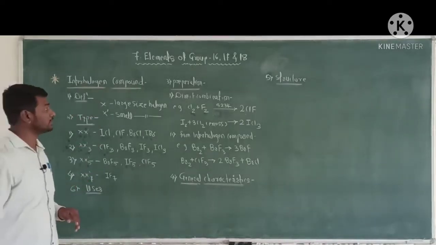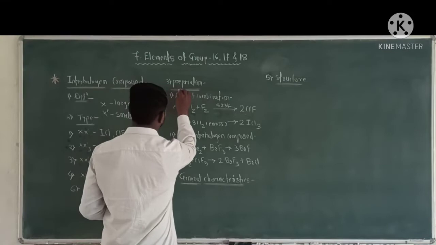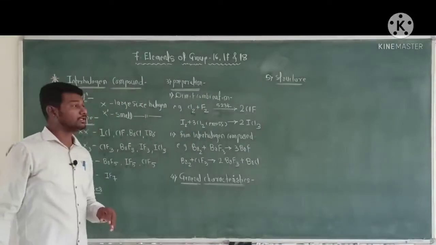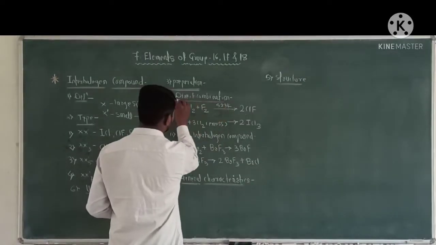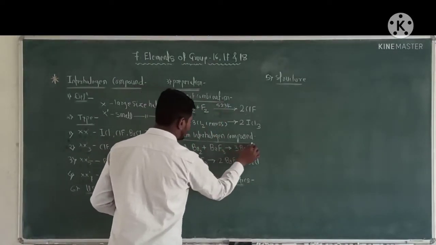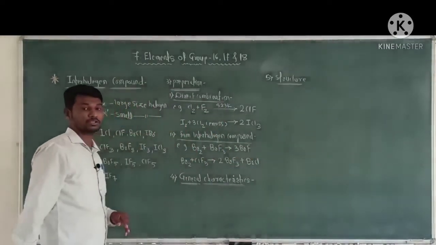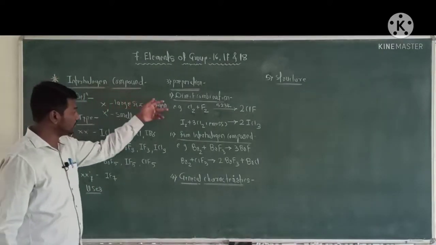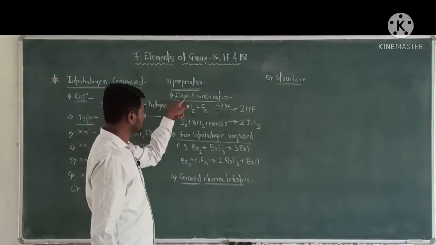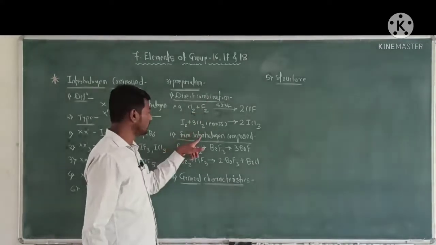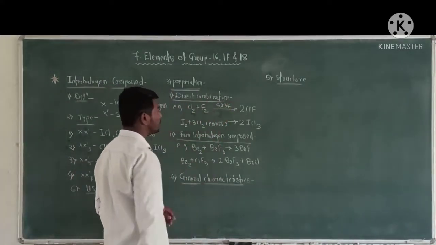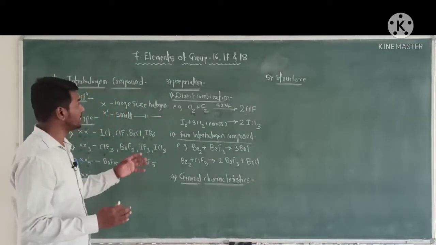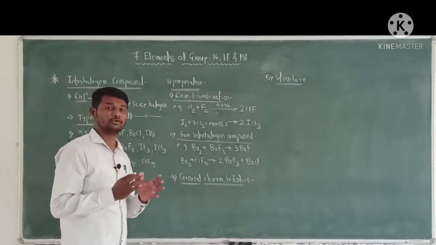Now next, third, preparation. Interhalogen compounds are prepared by two methods: first, direct combination, and second, from another interhalogen compound. In the first method, the interhalogen compound is prepared by direct combination of halogens.